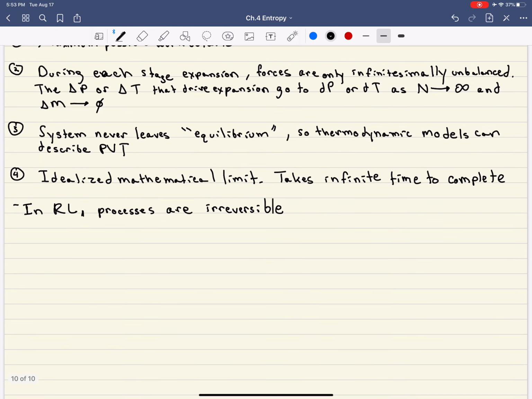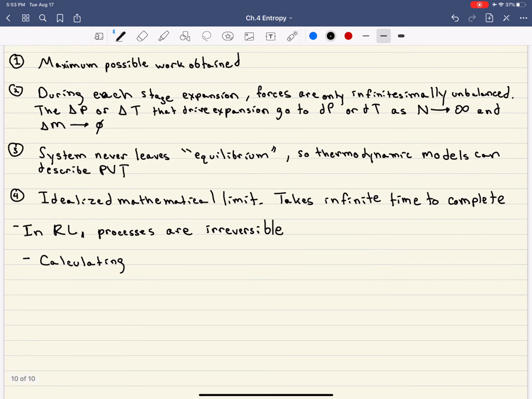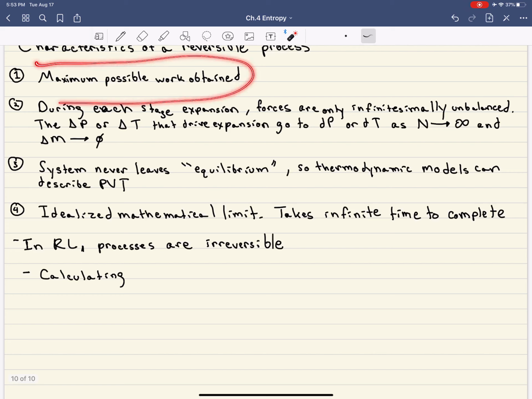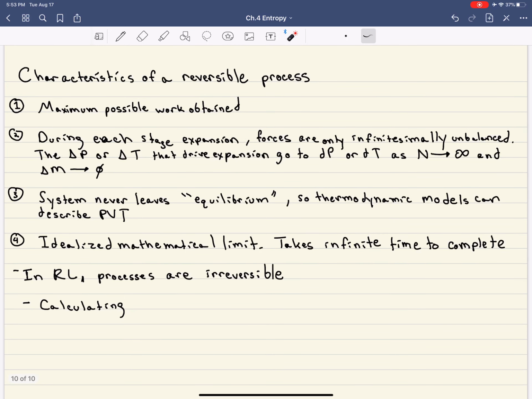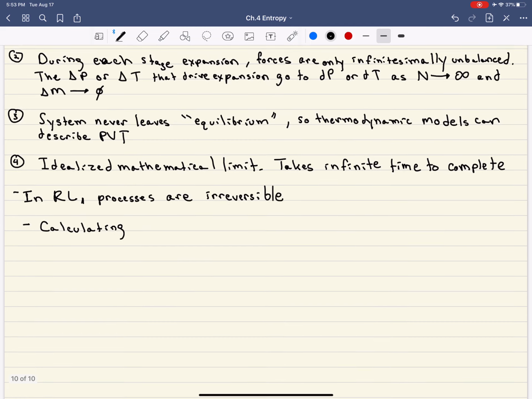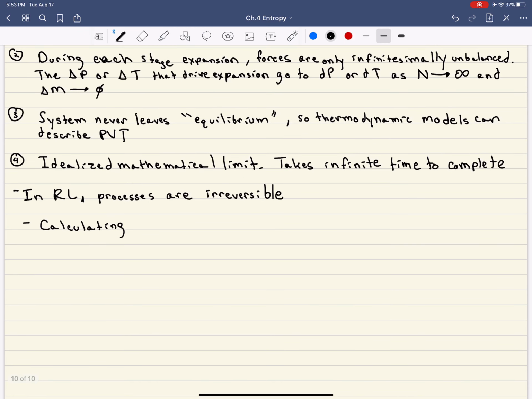And so just to restate this again, all the processes we deal with in life are going to be irreversible, and we're not going to be able to actually obtain the maximum possible amount of work from our system. But it is still very useful to think about reversible processes, right? Because by identifying what the reversible process would be, that allows us to calculate a hypothetical upper limit for the energy that's available to be transferred from our system.